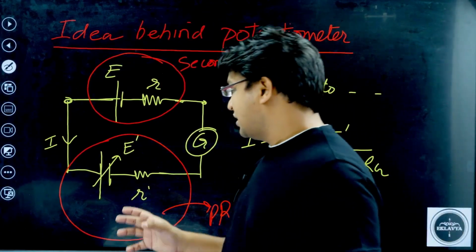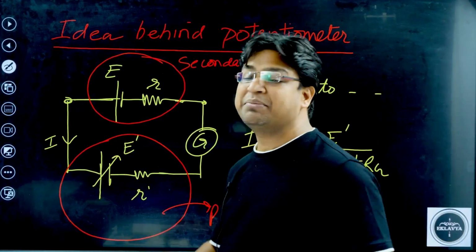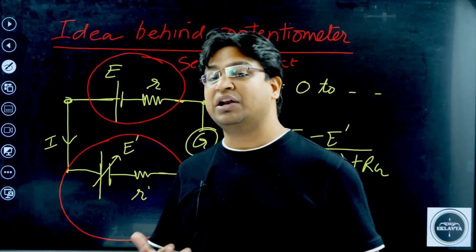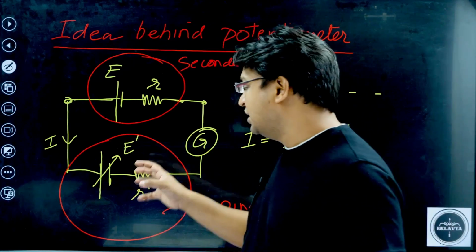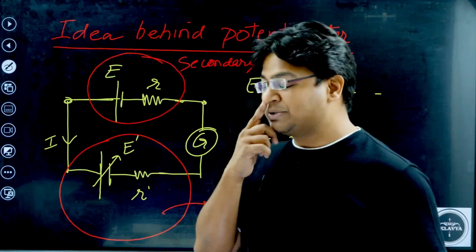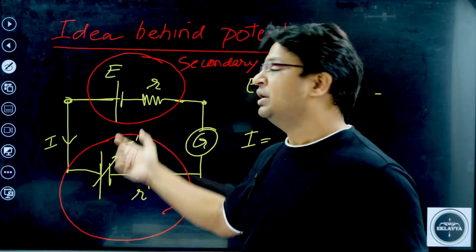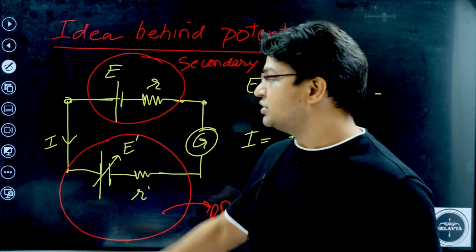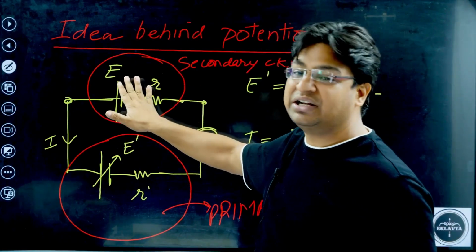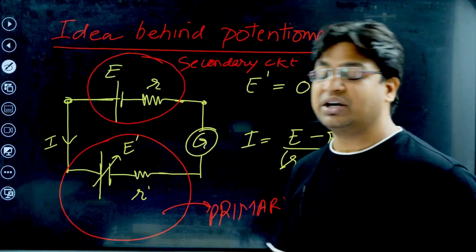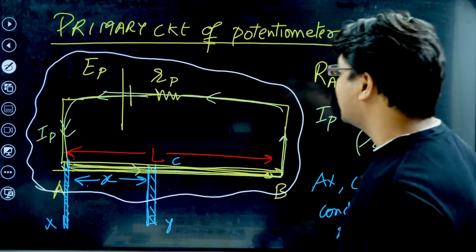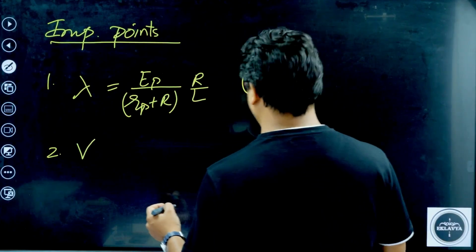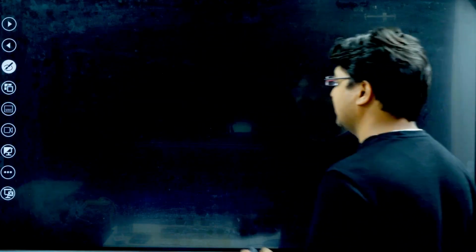So the limit to which this E prime can go indicates the limit of unknown EMF that you can measure. For example, for the values I took a few moments back, if this can go up to 10 volt, then we can measure unknown EMFs up to 10 volt, not more than that. Because if the unknown EMF has any value less than 10, then we will be in a position to get the zero current. Otherwise, we are not getting the zero current. So here, what is the maximum value of Vx minus Vy that we can get?